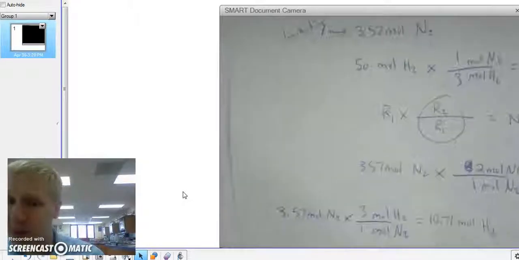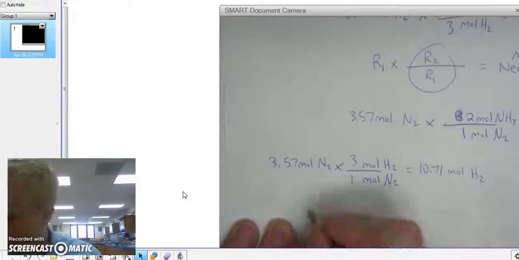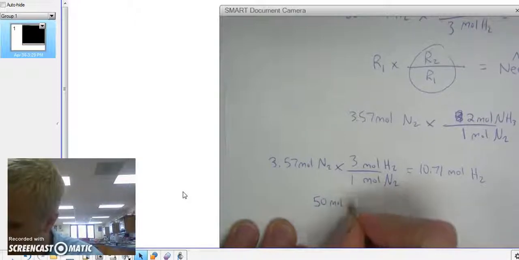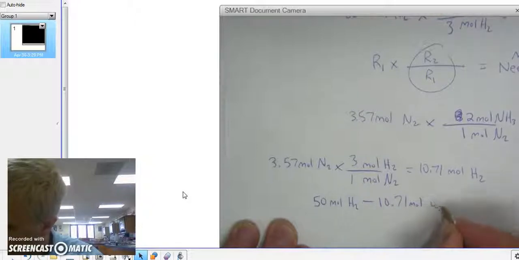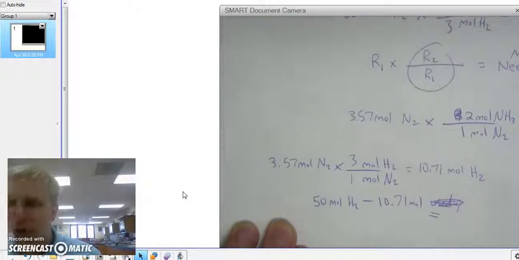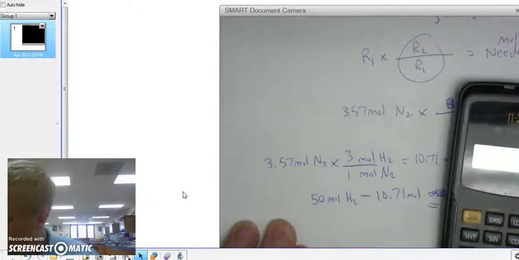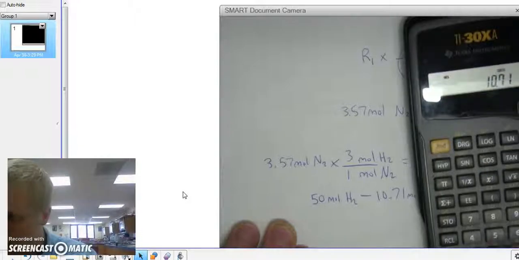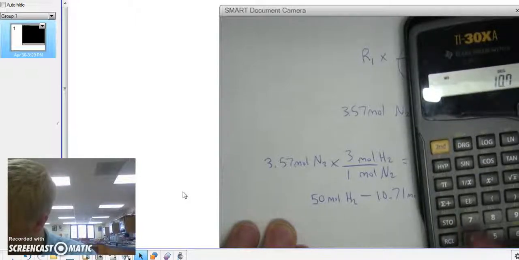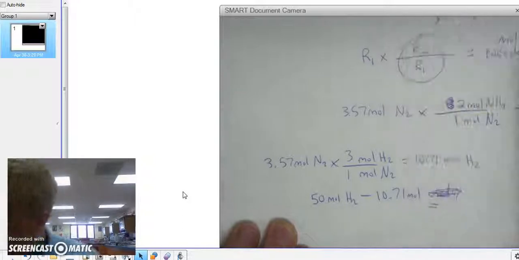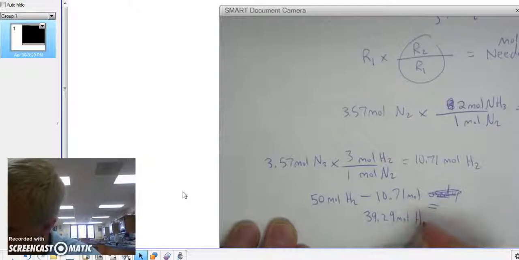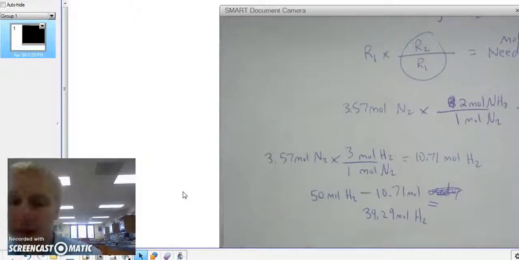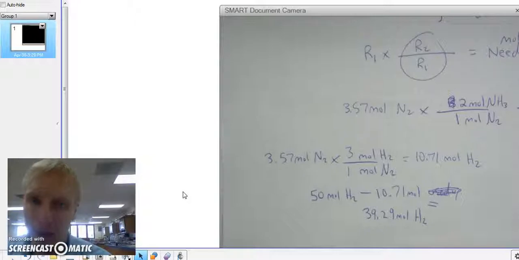So I have 50 moles of this excess reactant, but 10.71 moles was used up. So basically 50 minus 10.71 gives me 39.29 moles of H2. That is how much excess reactant is left over.